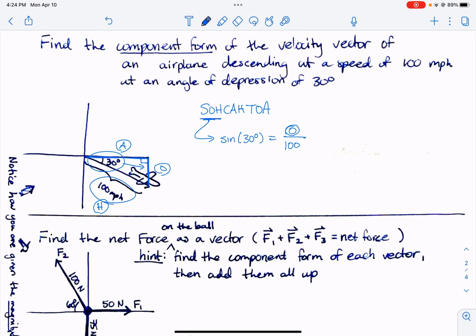And then the CA part tells me that cosine of 30 degrees, now you've got to be careful here, because sine of 30 degrees is going to be positive. But we know, because we're going down here, that the y-coordinate of our components should be negative. So we'll keep that in mind at the end. But essentially we can say cosine of 30 equals adjacent over 100.